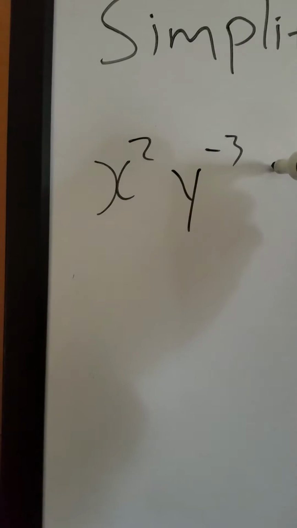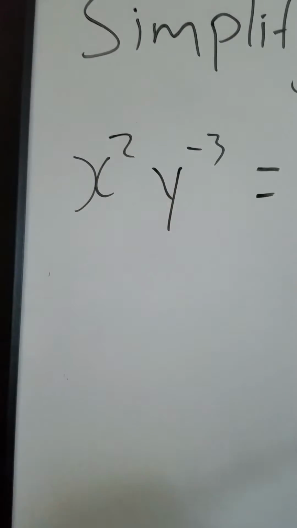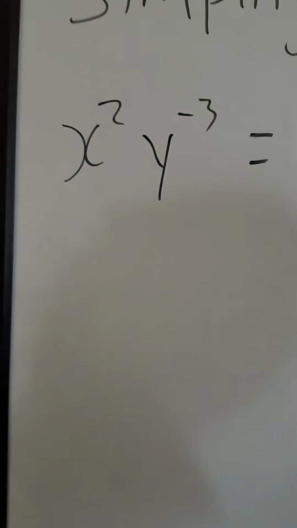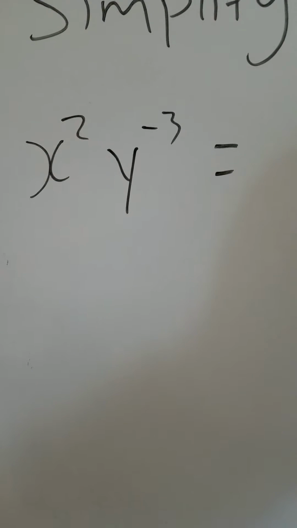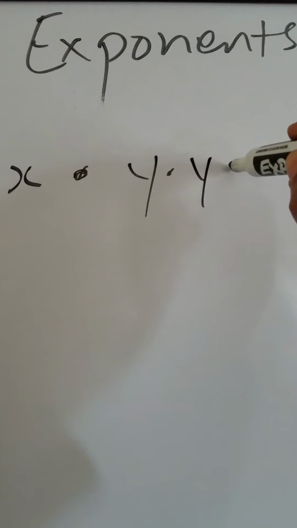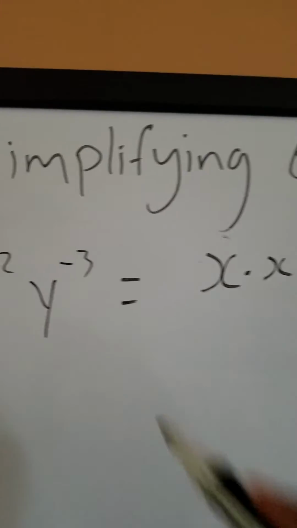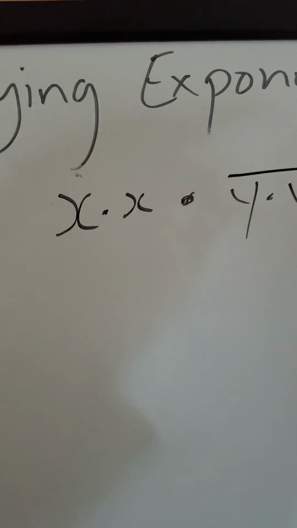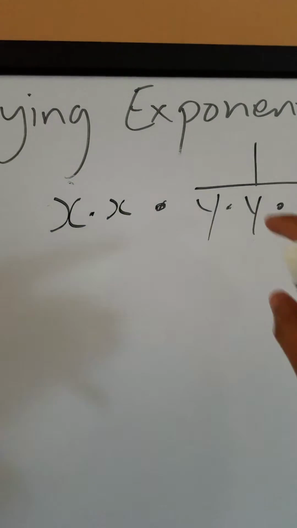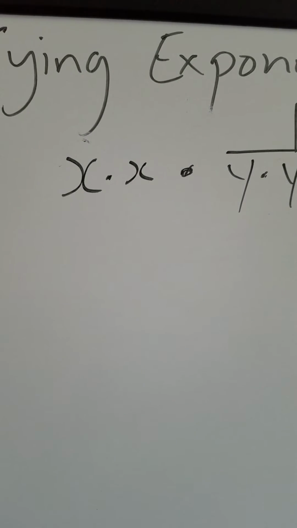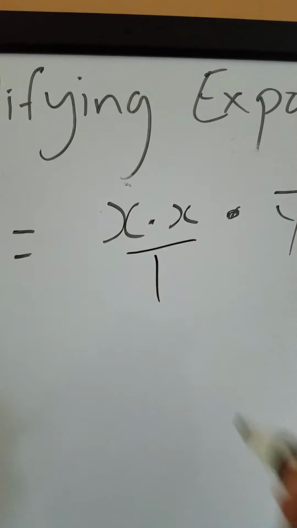But we know x squared means we have 2 copies of x, and then we're multiplying those 2 copies of x by 3 copies of y. Sorry, I didn't move the video to follow. But because it's a negative 3, we're going to put those 3 copies of y's in the denominator of the fraction. And since the x squared is in the numerator of the fraction, then it's really over 1.